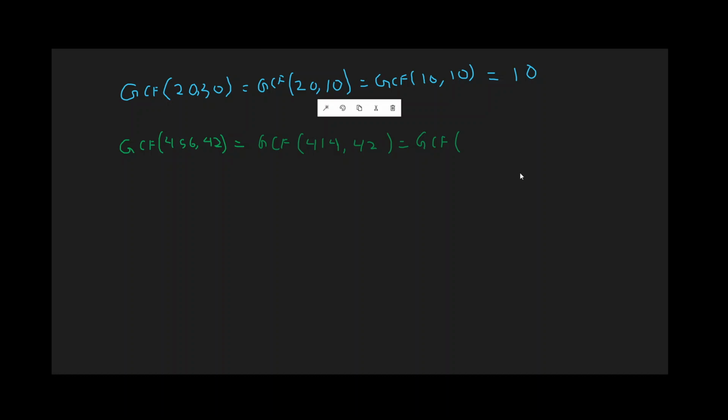Instead, what we can do is divide 456 by 42. What this will do is give us a number that is as low as possible, and we'll skip a bunch of steps.